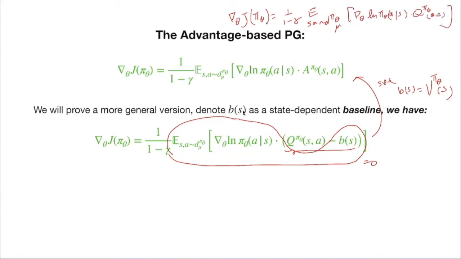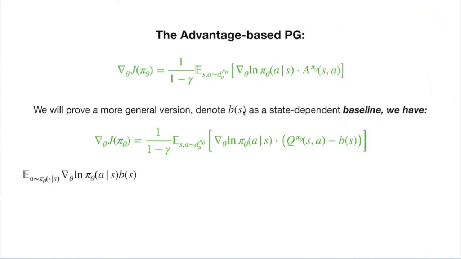Recall this is the Q function version of the policy gradient. What we are saying is that we can just subtract a baseline function B at the state s, and then the gradient is not going to change, right? So all we need to prove is that this term is 0, and then these two formulations are equivalent.